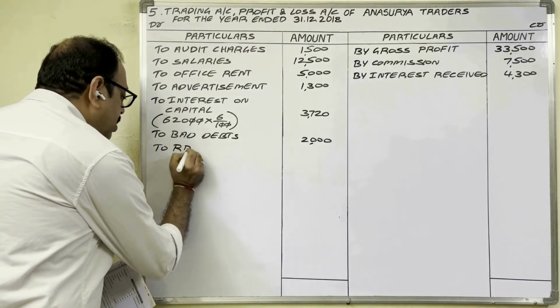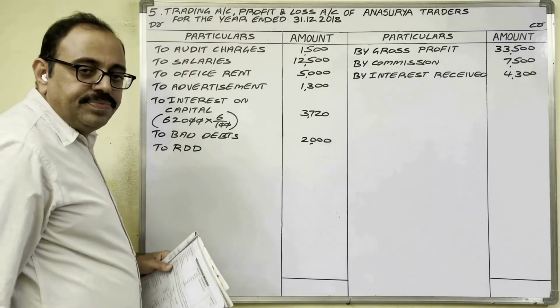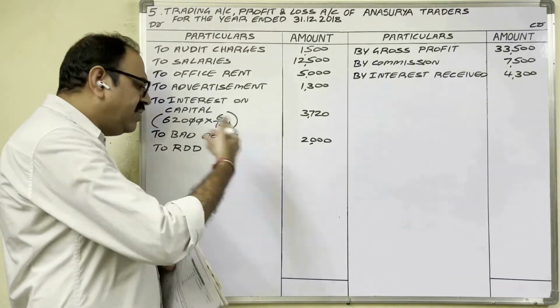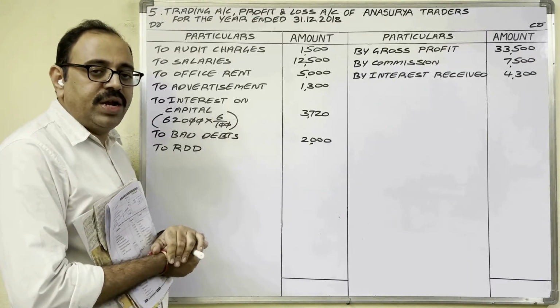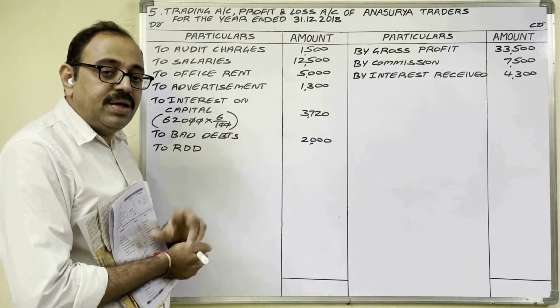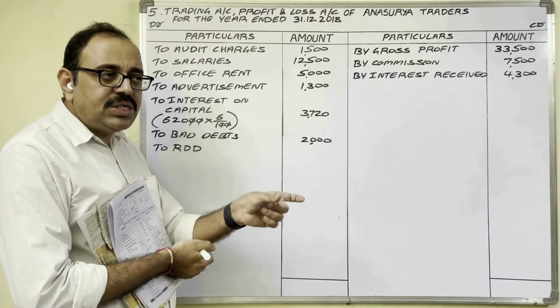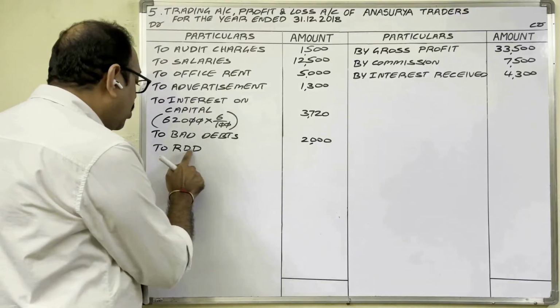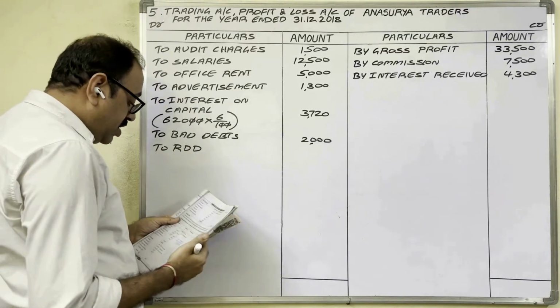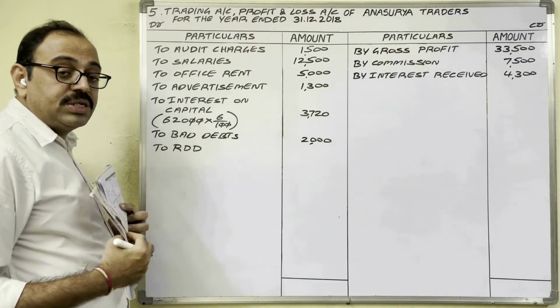He mentions this with different names: provision for doubtful debt, reserve for doubtful debt, provision for bad debt, reserve for bad debt. Whichever words he gives, the same words we have to write here. So reserve for doubtful debts. Amount is not given, percentage is given, 5%.